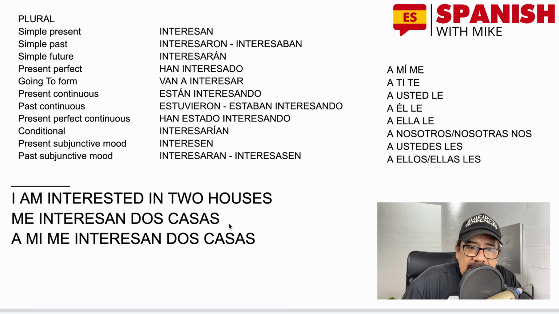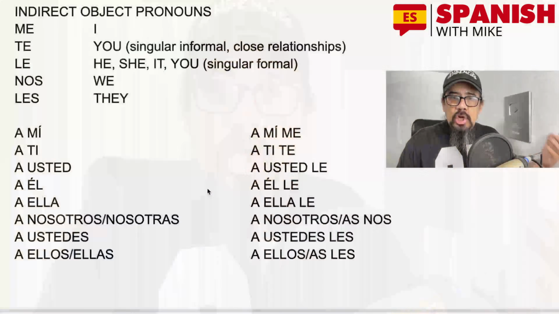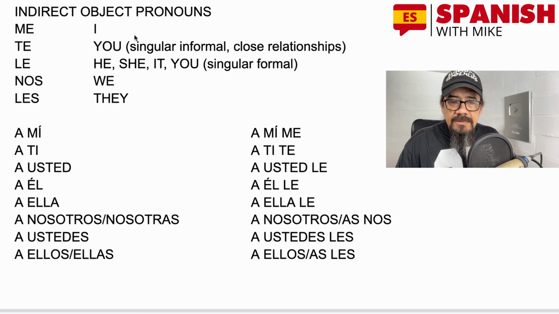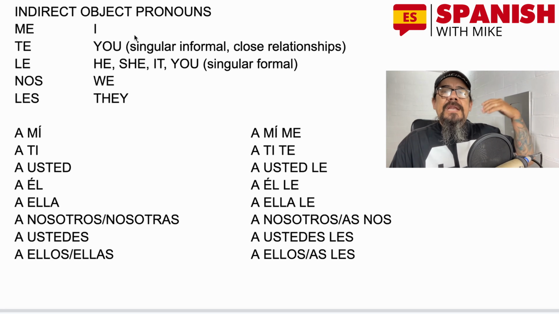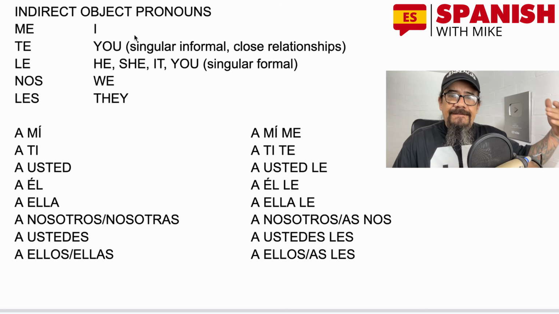So remember, it is very important to fully understand that with this kind of verbs in Spanish, we always use the indirect object pronoun. So we must learn the indirect object pronouns because we place those before the actual verb. And we can also do the emphasis with a mí, a ti, a usted.